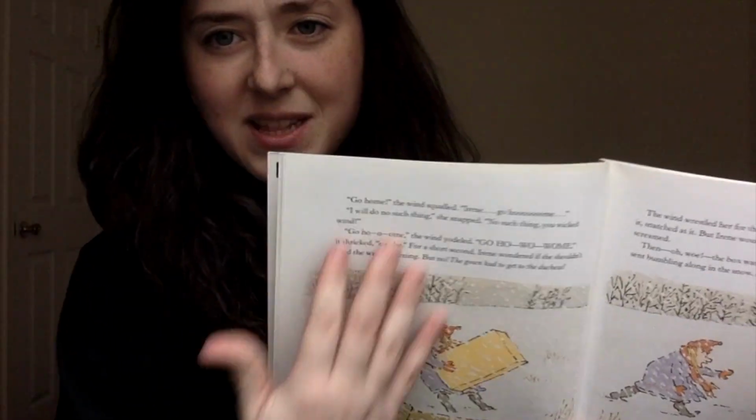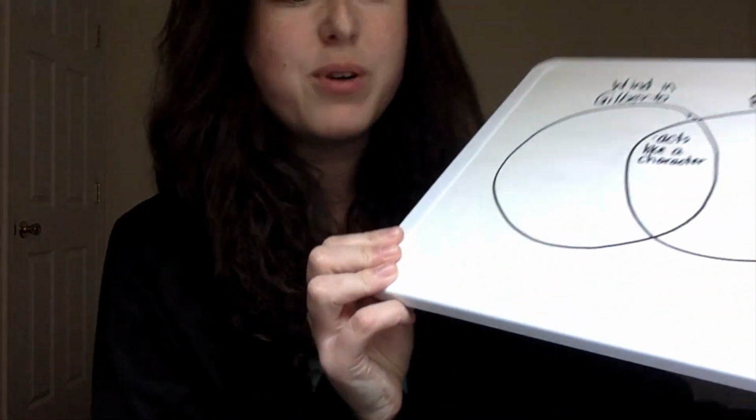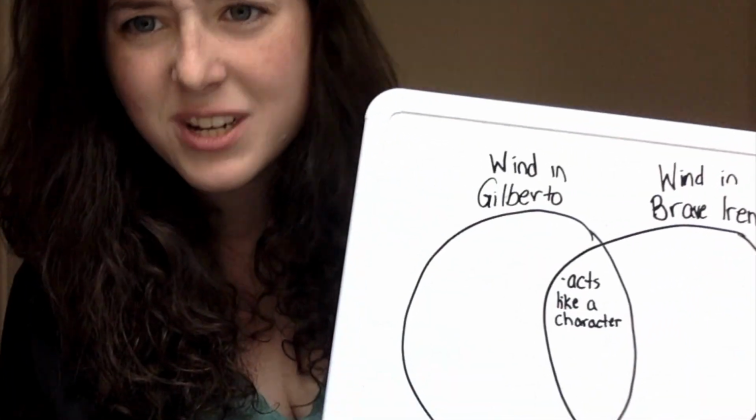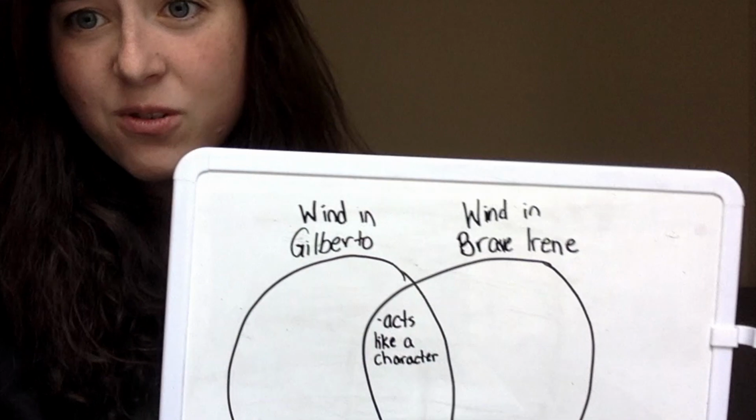Okay, so I'm keeping this page in mind. The very first page of Gilberto and the Wind, it starts out by saying, I hear wind whispering at the door. You, he whispers, you. So how did the wind act like a person in each book? What did the wind do in each book that was kind of like what a person would do? What did he do?